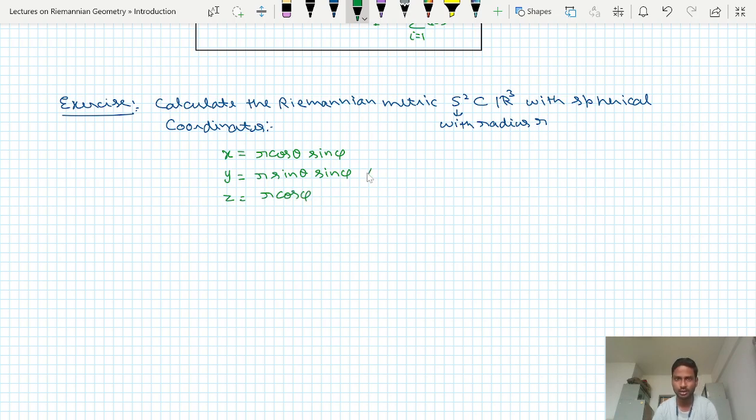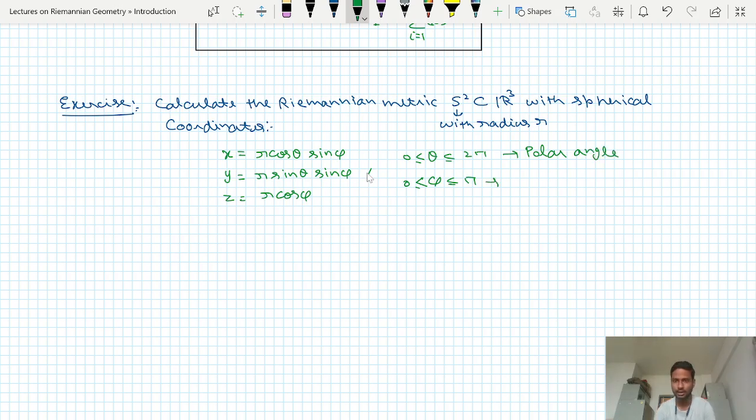Okay. Now here theta is the polar angle. So this theta runs between 0 and 2 pi, and this phi runs from 0 to pi. And what is this angle?